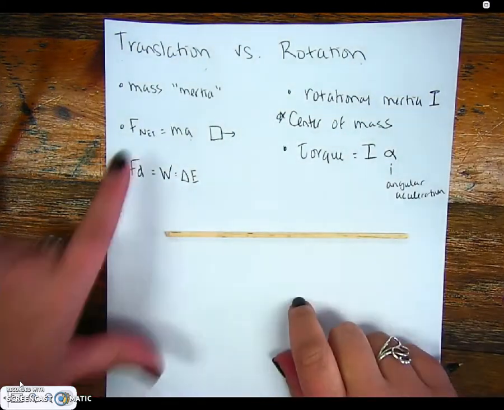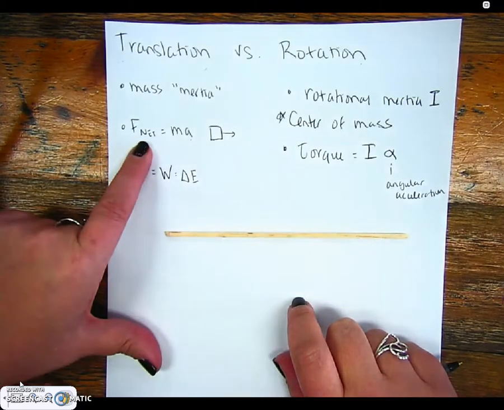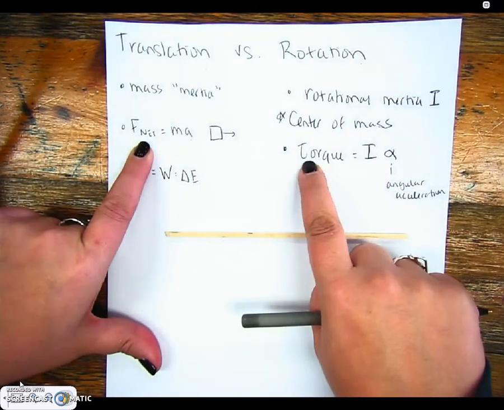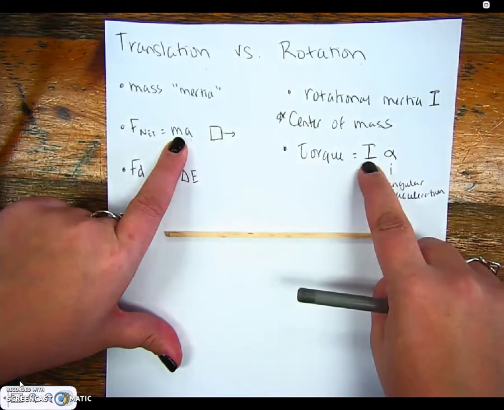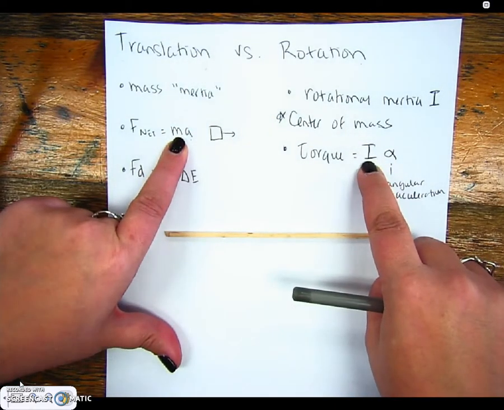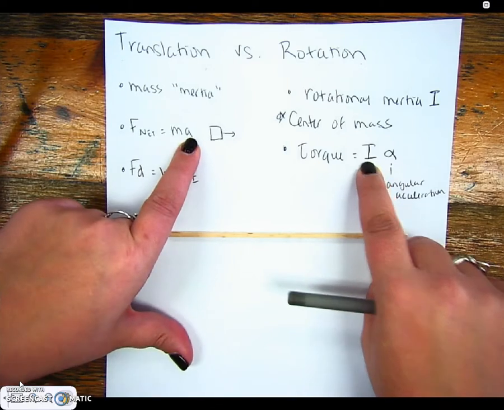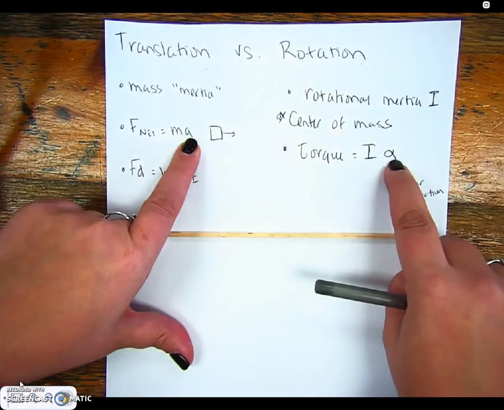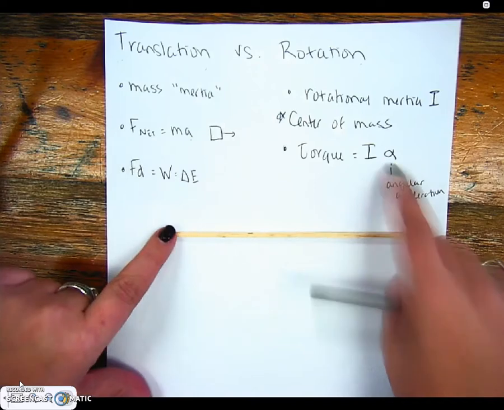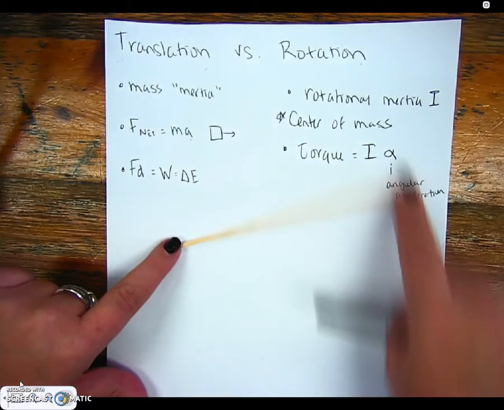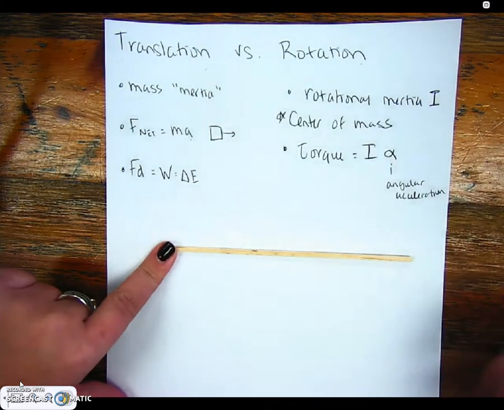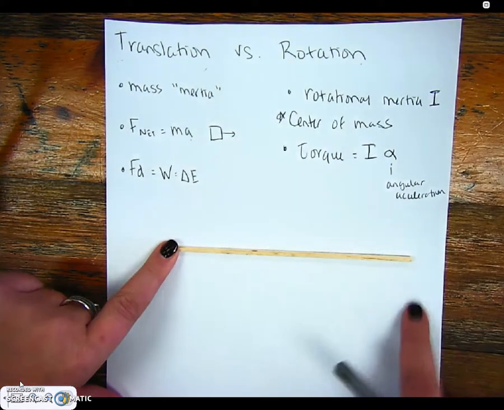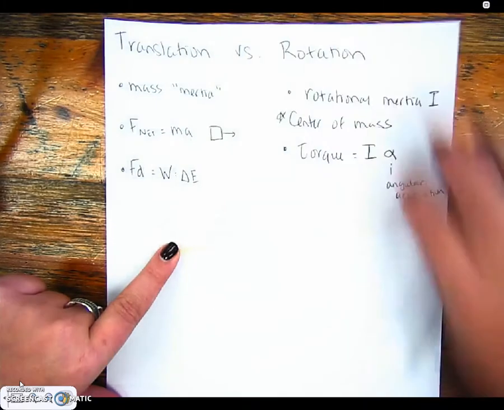So see how these equations are the same. Force is torque when we're talking about things rotating. Mass is your rotational inertia, or your distribution of mass. And acceleration is the angular acceleration, or how you're accelerating relative to the radius. If I apply a net torque, then this thing should angularly accelerate.